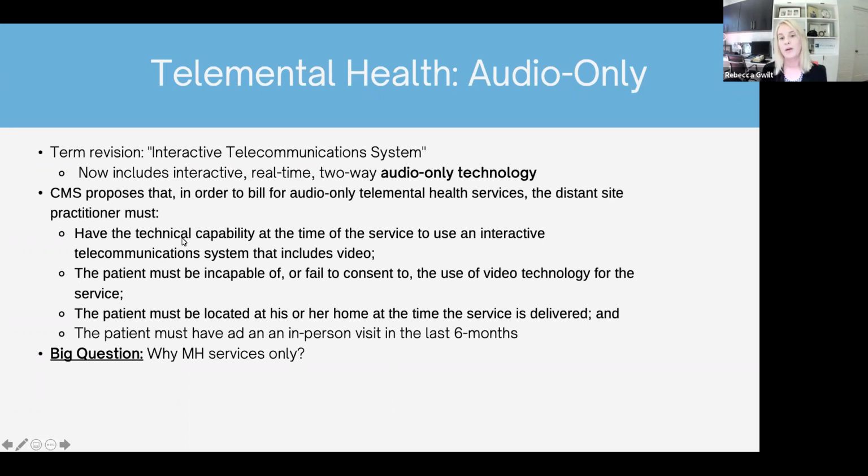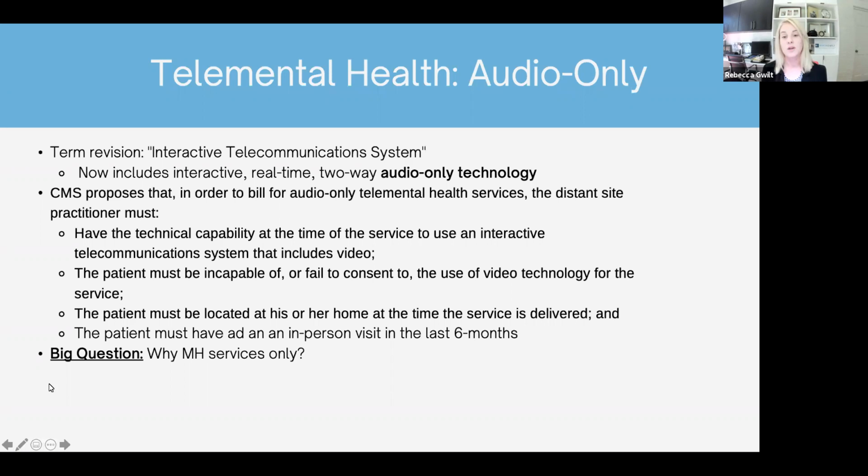One thing I wanted to point out here is that the logic that CMS uses to justify making this interpretation of interactive telecommunications system specific to mental health doesn't really hold water, right? A lot of the arguments they make about broadband access, about the ability to provide services without needing to visualize the patient, apply to a lot more than just mental health services.